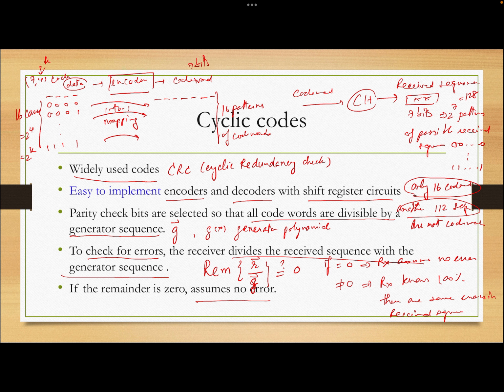Okay. Now, why do I use "assume" here? Because suppose you send a code word, for example the zero code word, but you receive something that looks like this.